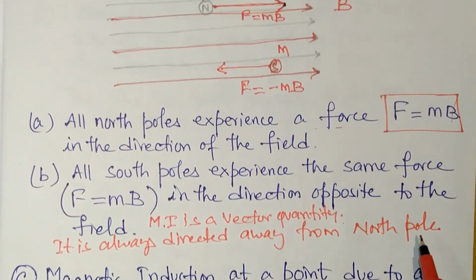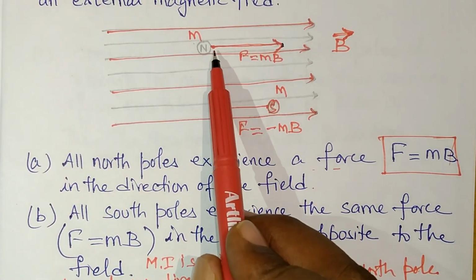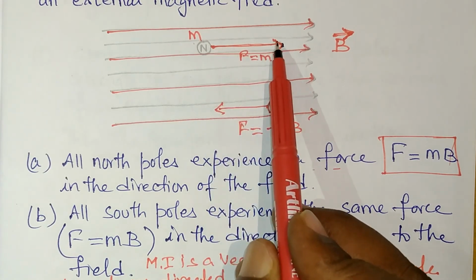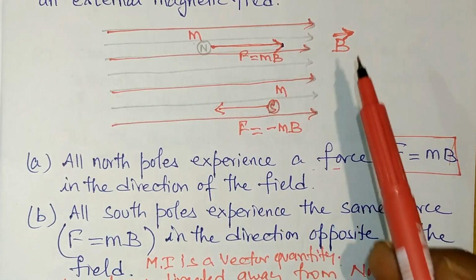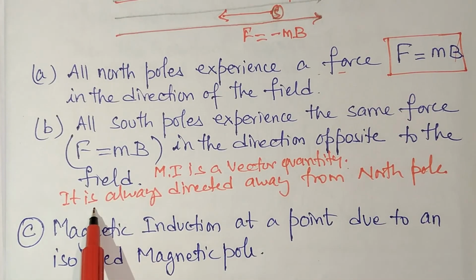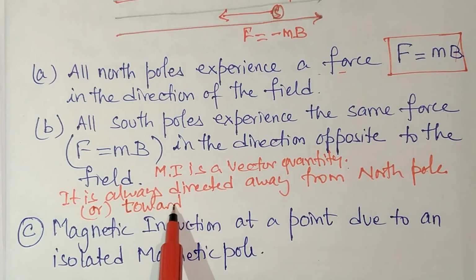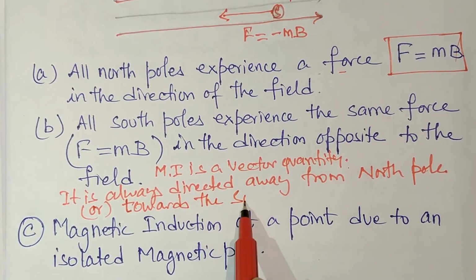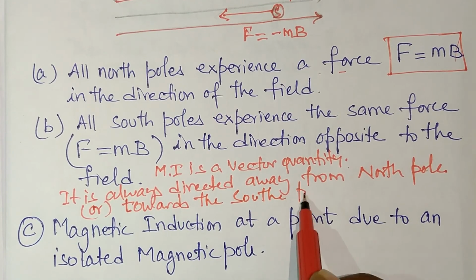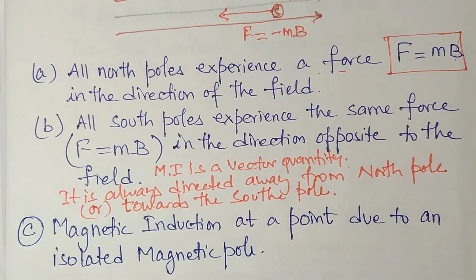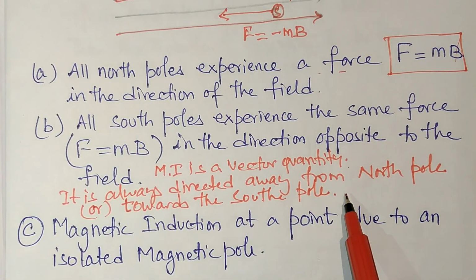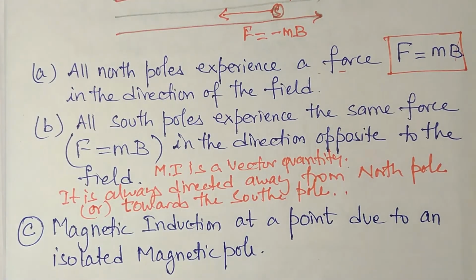That is what we noticed here. The magnetic induction is always directed away from the north pole, that is, in the direction of the field, and towards the south pole. So that is how we will decide the direction of magnetic induction.